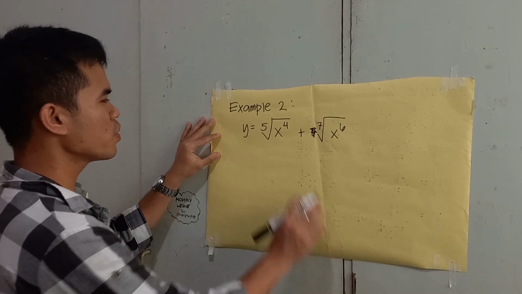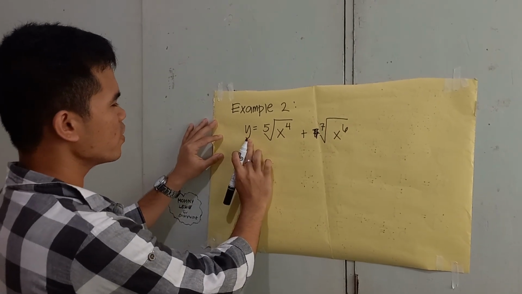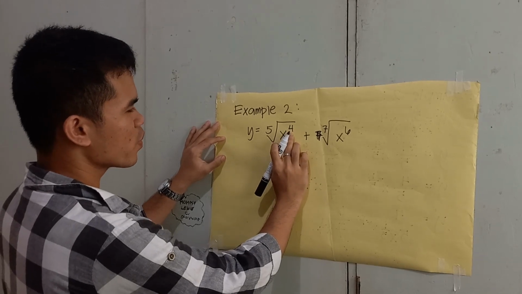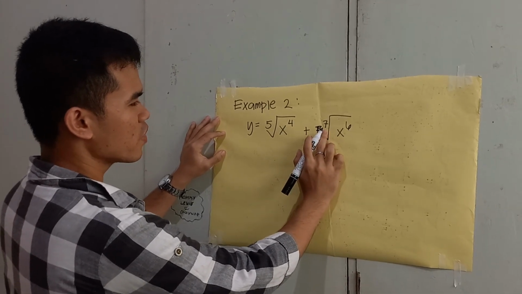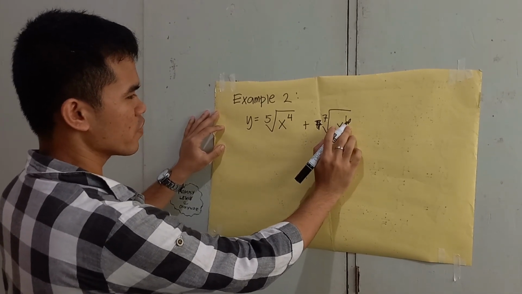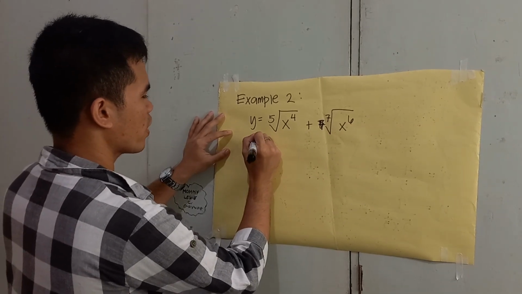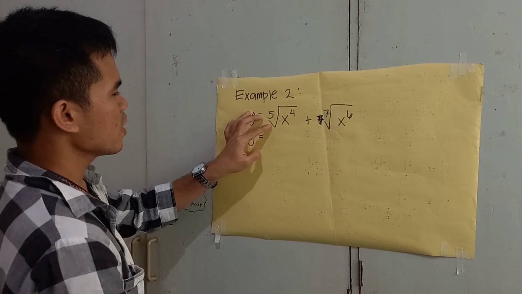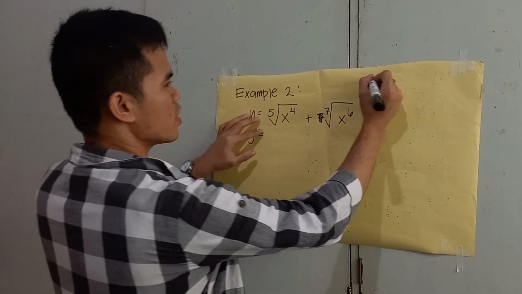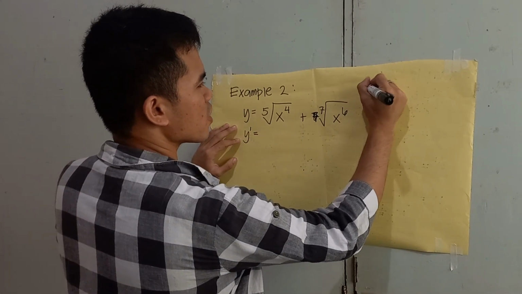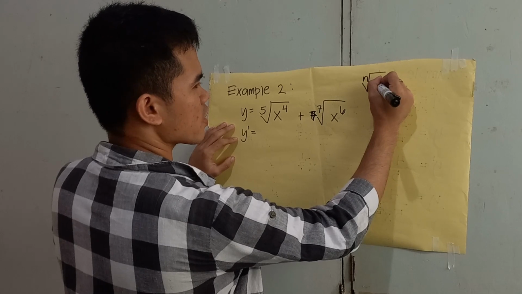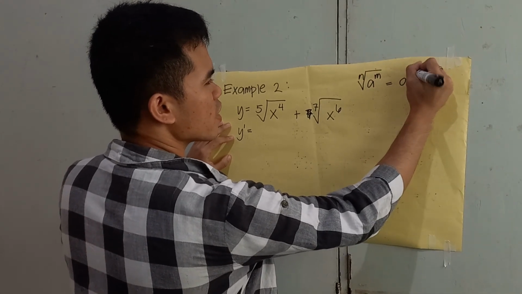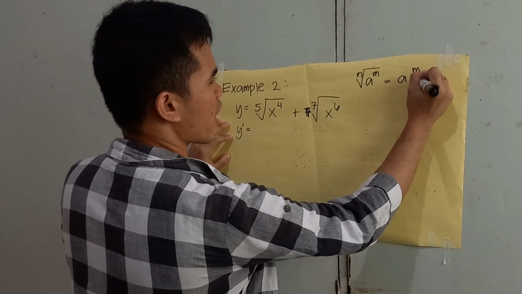For example 2, here's the given: y equals 5 root x raised to the power of 4 plus 7 root x raised to the power of 6. We find the derivative y prime. Since it is a radical, we use this property: the nth root of a raised to the power of m equals a raised to the power of m over n.